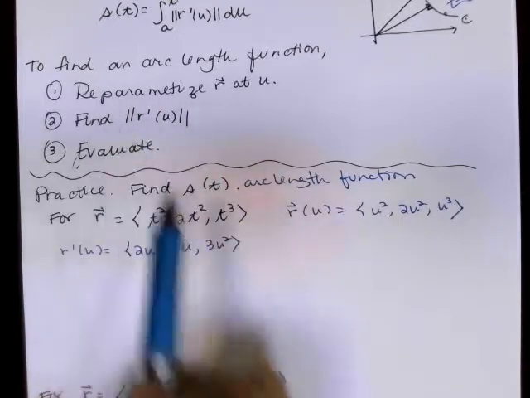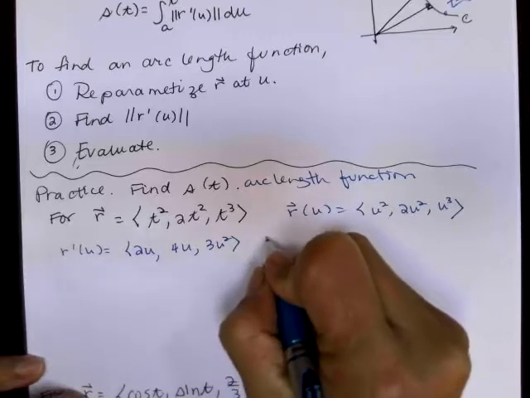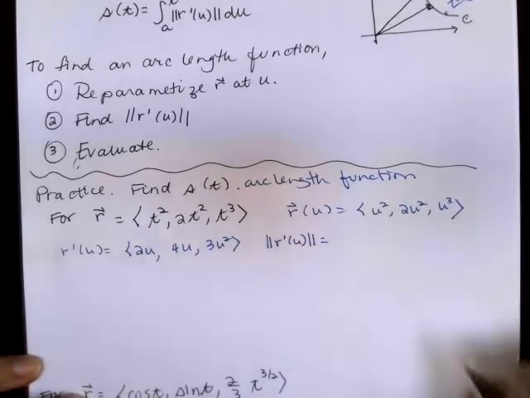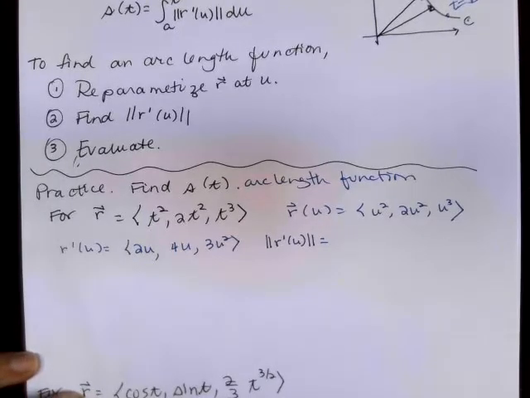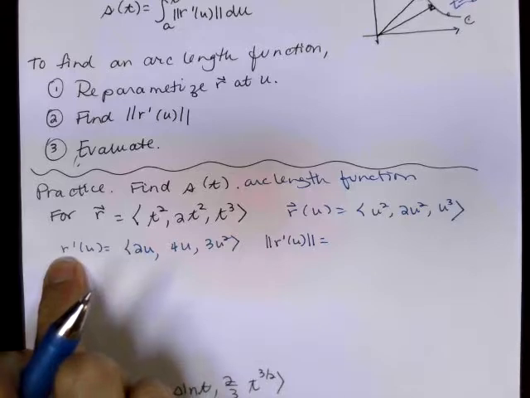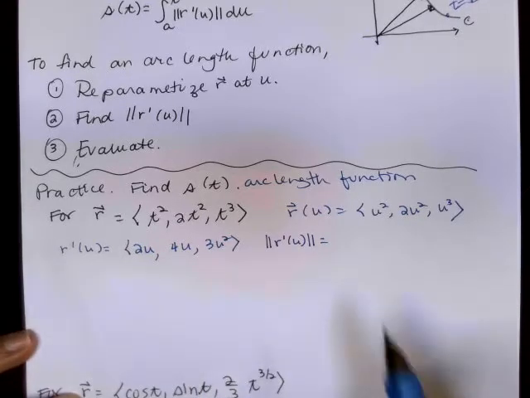Okay. Now, how do we find the length of that? Square them, add them, root them. So the length, and by the way, this is the length of this r prime. Let's take just one quick step back and think about what we're finding here.